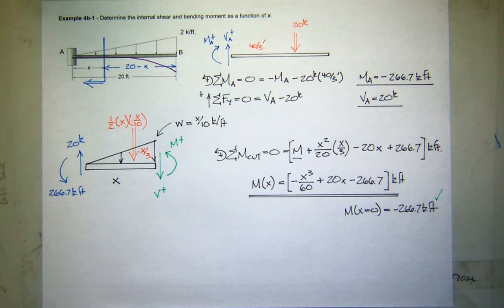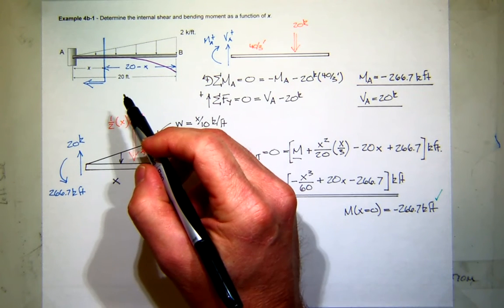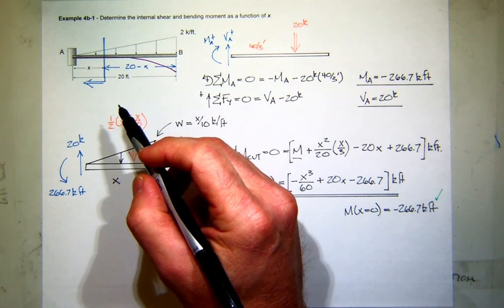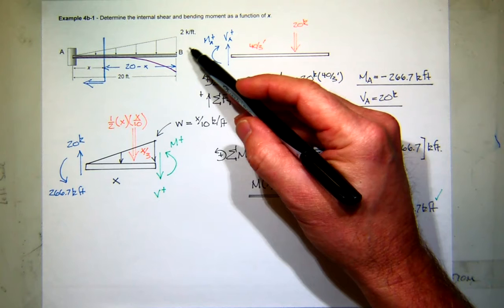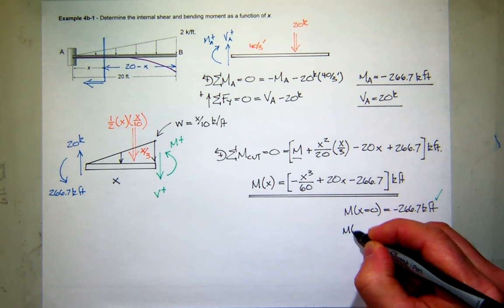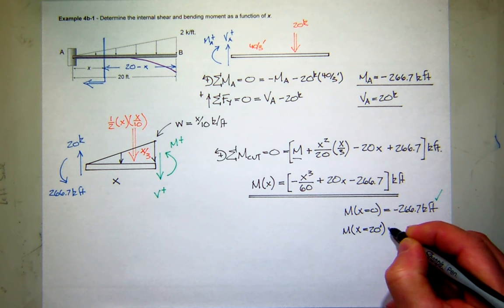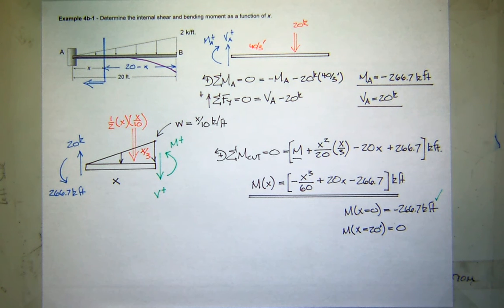I like that. Do I know the moment anywhere else? Somebody said yes. Who said yes? B. That's right. What is the moment at B, at the free end? 0. So that means that my equation, if I plug in x equals 20, should give me 0.